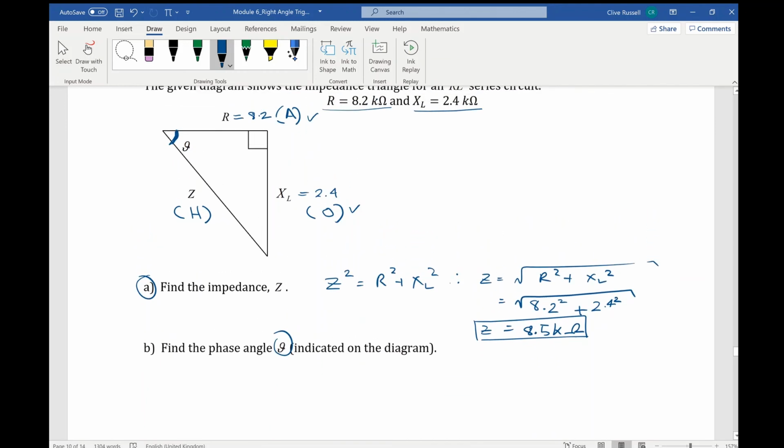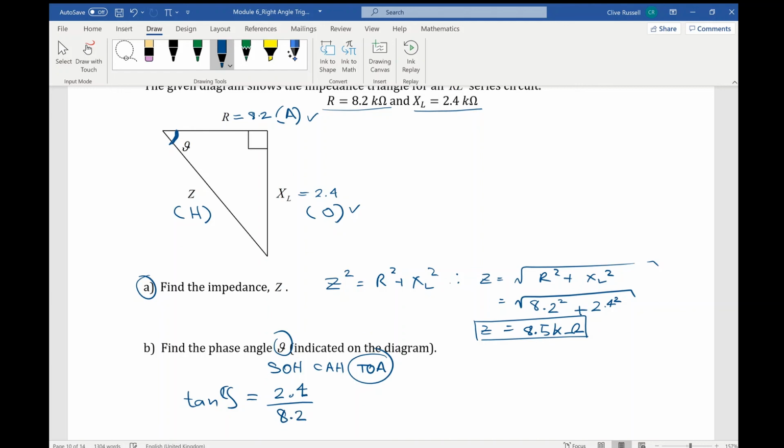So let's see that. SOH CAH TOA. What ratio involves opposite and adjacent? Well, it's the tangent. So we now could say that the tangent of I, the angle we want to find, is opposite, which is 2.4, over the 8.2.